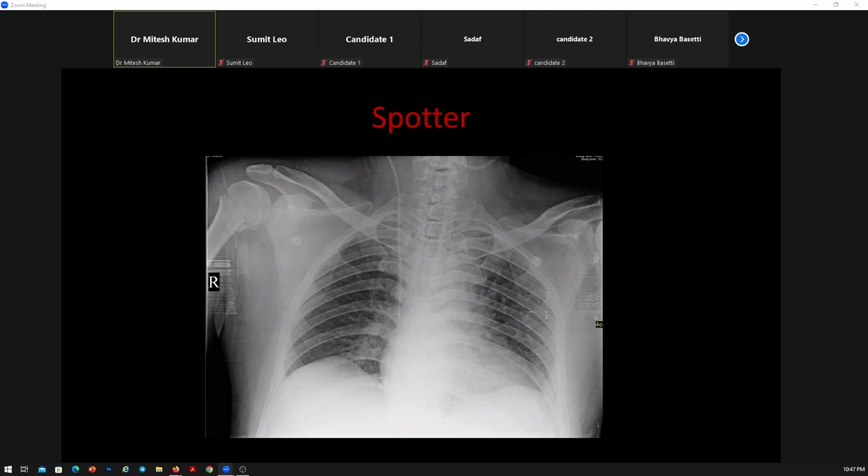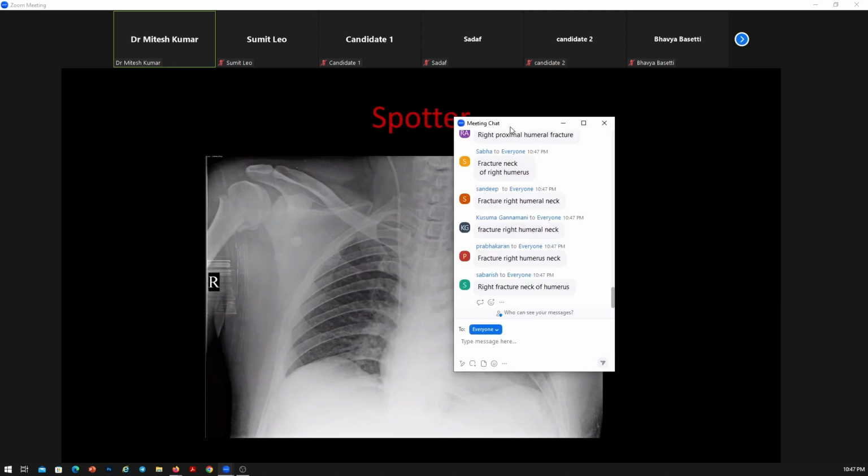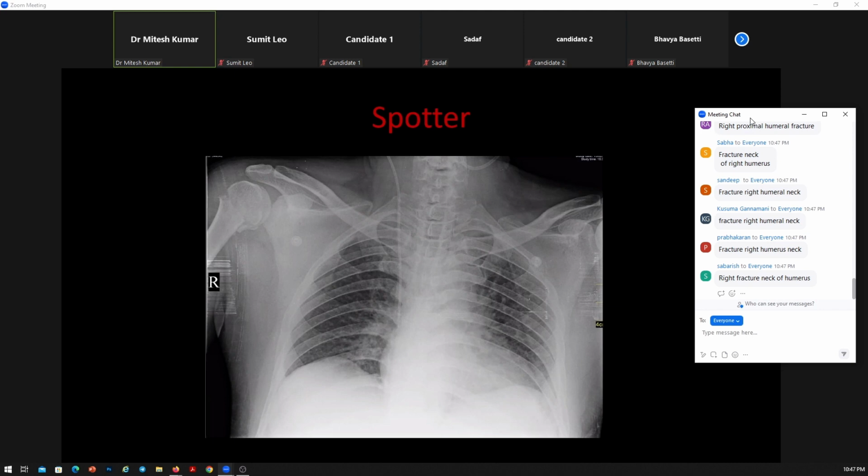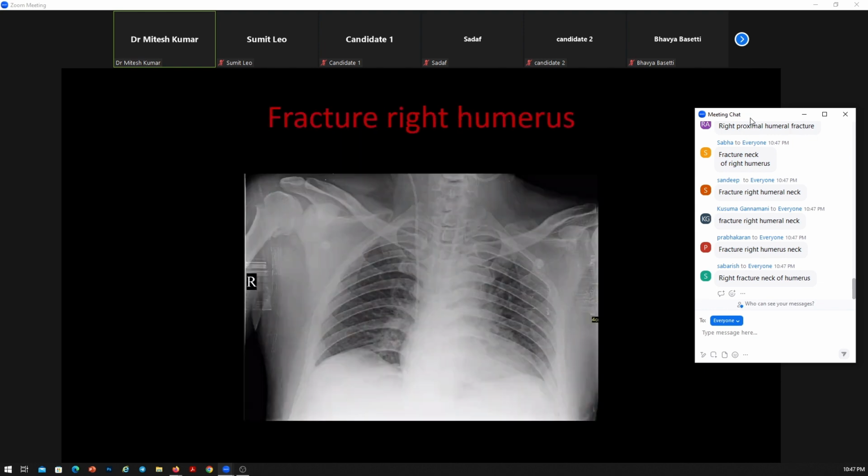The idea behind showing this X-ray is that in chest X-ray, always look at the shoulder joint. This should be your aim, not only in FRCR 2B exam, but also in your clinical practice. Similarly, in shoulder joint, always look at whatever chest part you can see. Everyone has mentioned fracture neck of the humerus. Fine. We'll go to the next case.